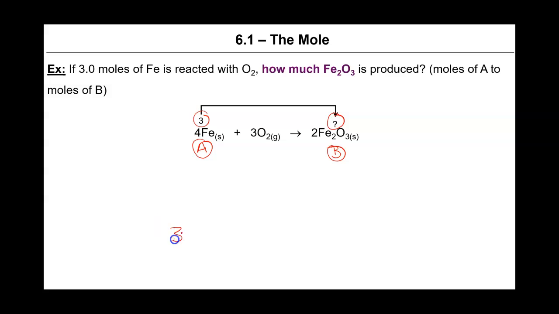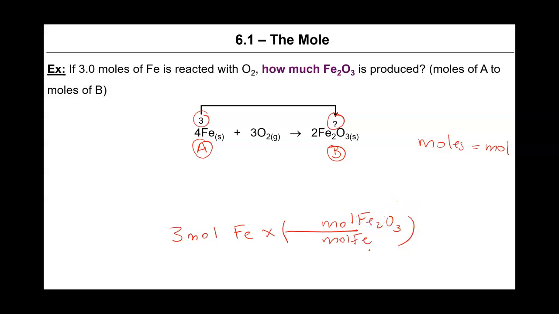So we're beginning with 3 moles of iron, and I should point out that the correct abbreviation for moles is MOL. That's not a typo. And then we want to multiply that by the conversion factor that has moles of Fe on the bottom and the moles of what we're interested in on the top, so that the correct thing cancels out.